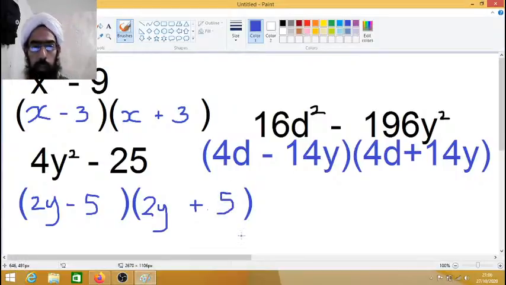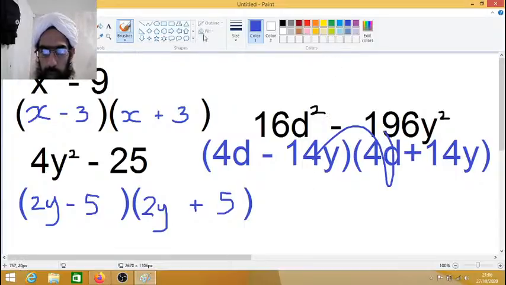Okay, hopefully you got at least one of those right. First one was quite simple. The other ones look a bit harder, but it's the same technique. So just check your own answers.